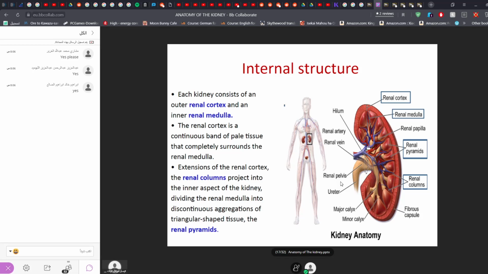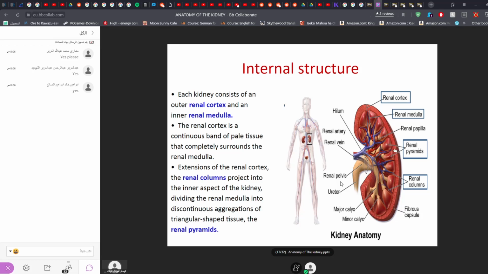Then in the medulla we have a space, the renal sinus, in which these structures enter. So this is the cortex and this is the medulla. The renal cortex is a continuous band of tissue that surrounds the renal medulla, with extensions of the renal cortex into the medulla.